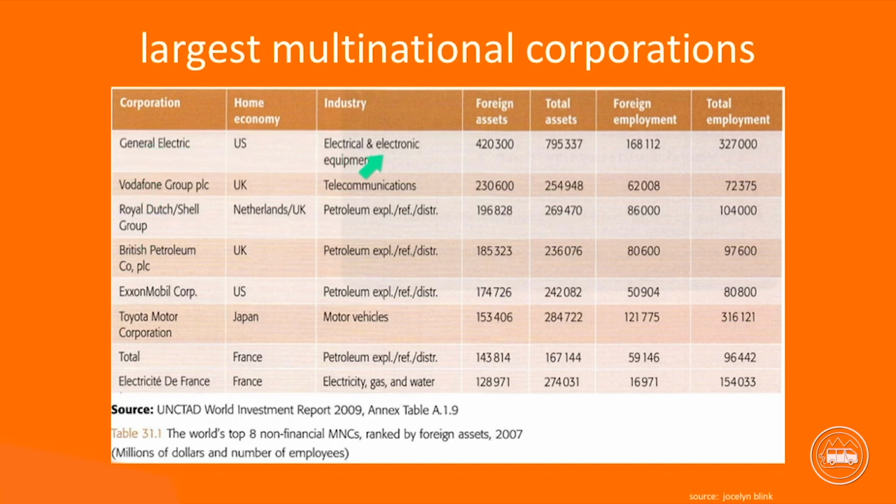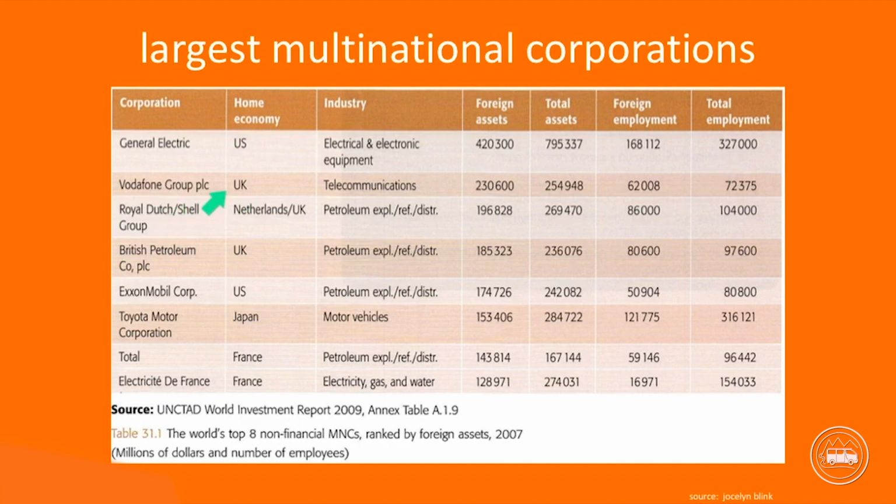What does General Electric make? Electronic and electrical equipment. And look at how much employment they create in other countries. 168,000 people, and this is in 2007, are employed with General Electric outside the United States, right? Their total employment in the world is 327,000.